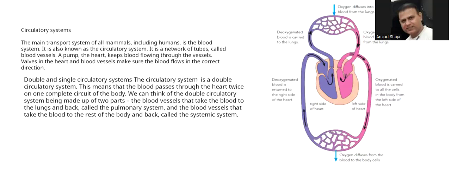Here in front of you, dear students, in the diagram, you see the heart, which carries both types of blood. The red one shows oxygenated blood, and the blue one shows deoxygenated blood. Oxygenated means the blood carries oxygen, and deoxygenated means the blood carries carbon dioxide.